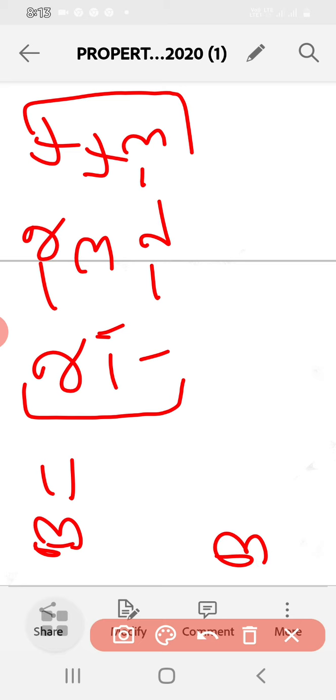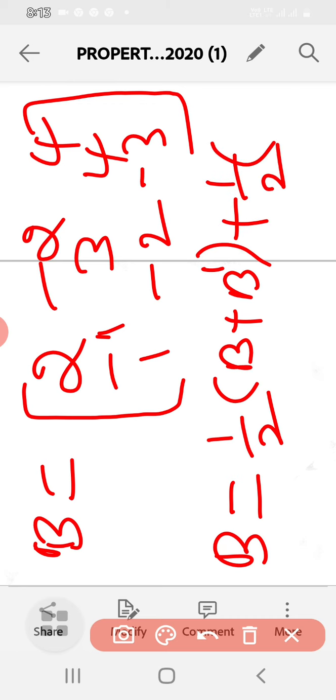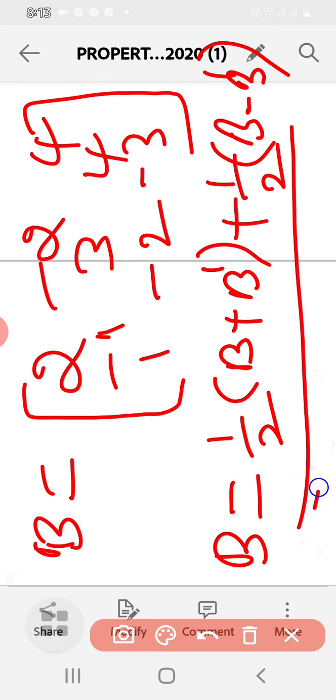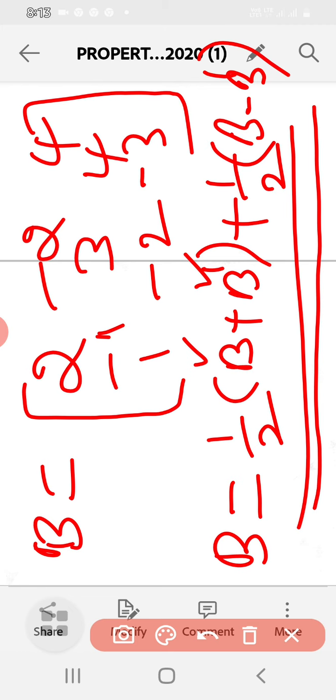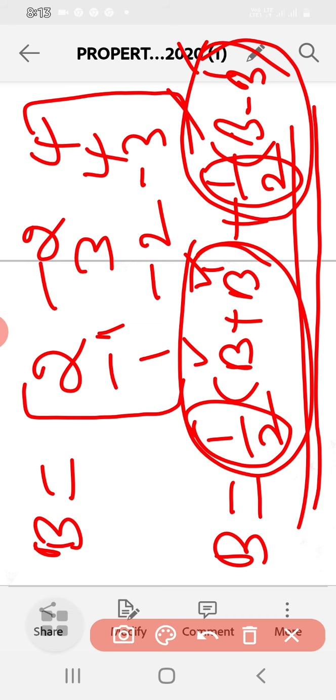Okay, that means according to the statement, you can write this as half into B plus B dash plus half into B minus B dash. So we have to write like this here: matrix, sum of matrix and its transpose, difference of matrix and its transpose. So half is a scalar. So we have to calculate all these things. So first I will consider this one and afterwards I can simplify this.